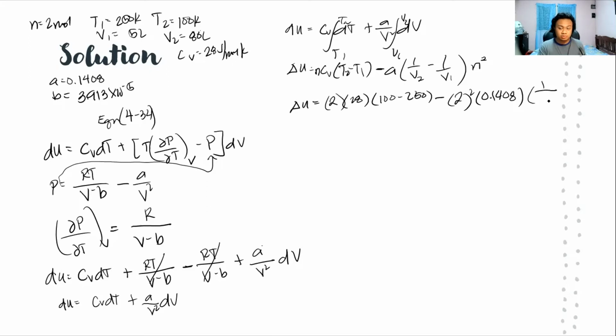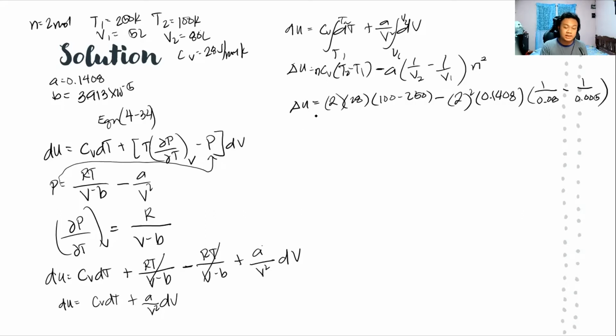To do that, you just divide the values by 1000. So 80 liters will become 0.08 cubic meters, and 5 liters will become 0.005 cubic meter.